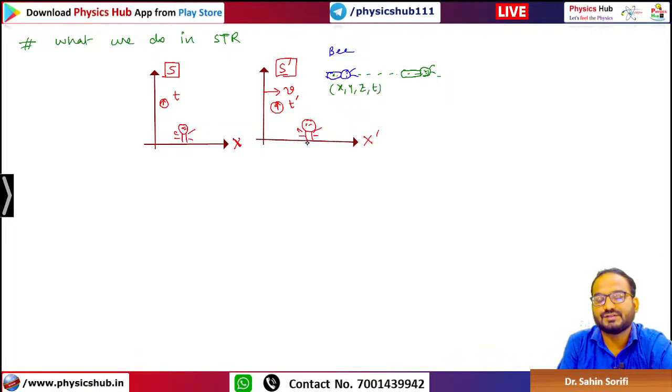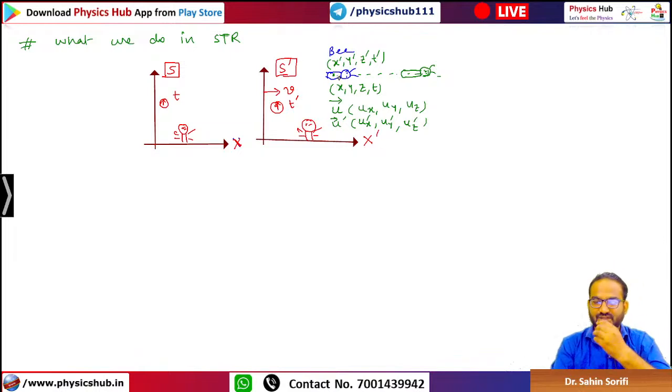If this observer notes down the same position, he will write x prime, y prime, z prime, t prime, right? Now let's say this bee is moving from this to this, so it will have a velocity, u with respect to this S frame. So u will have three components, ux, uy, uz. This person will measure the same velocity of the bee as u prime, with components ux prime, uy prime, uz prime.